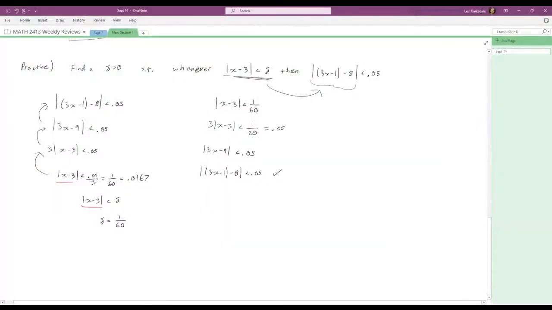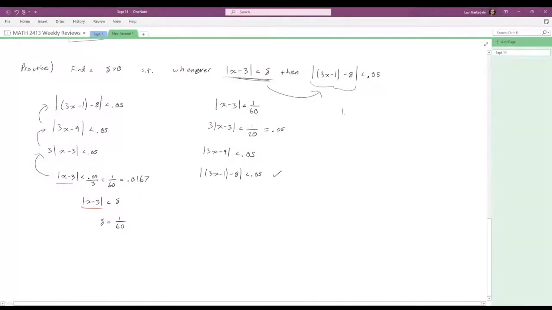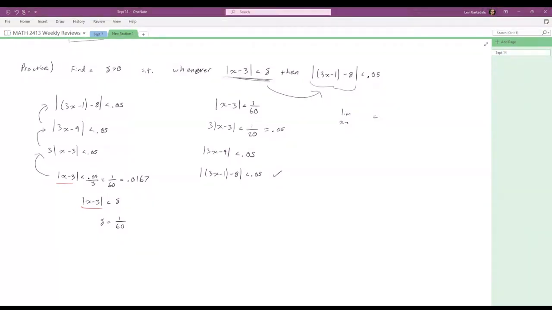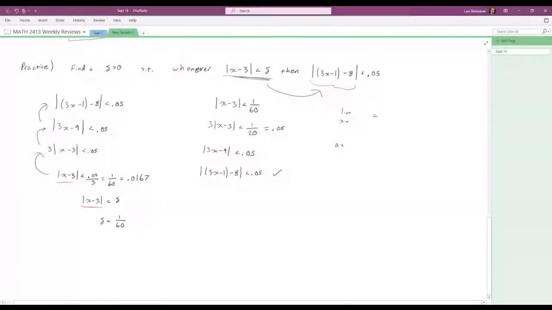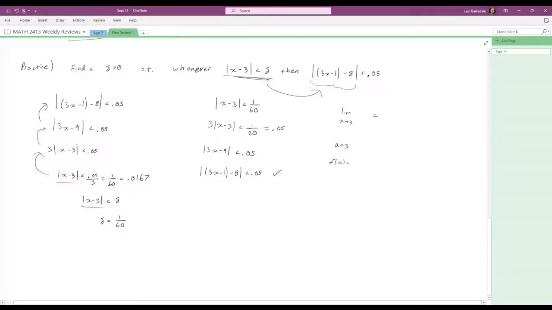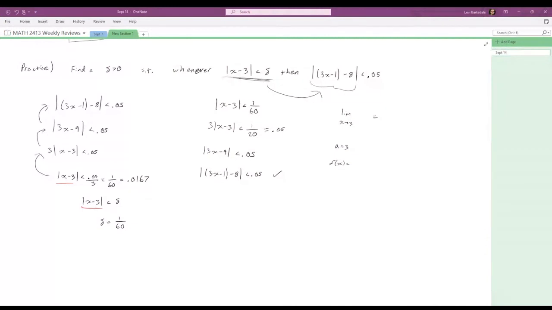All right. Now, can any of you write the limit statement? So the limit as x approaches what value of what function is equal to what limit? I guess we'll start with what is the a value? A is equal to 3. Good. What about the function? And you're saying 3x minus 1.